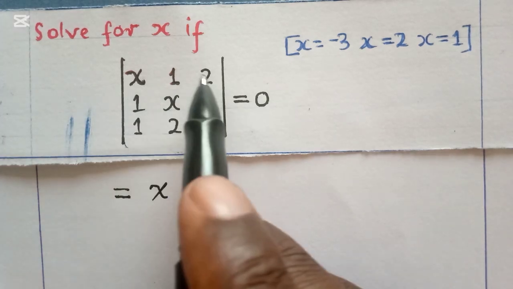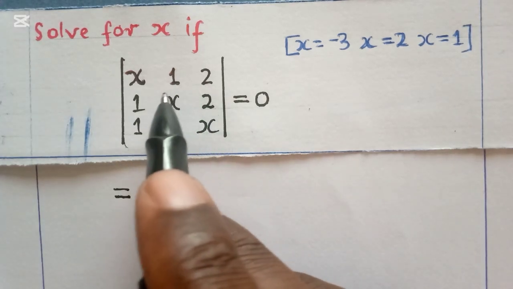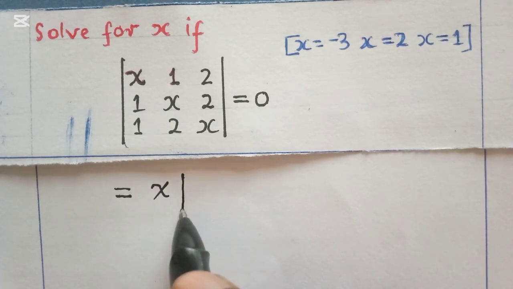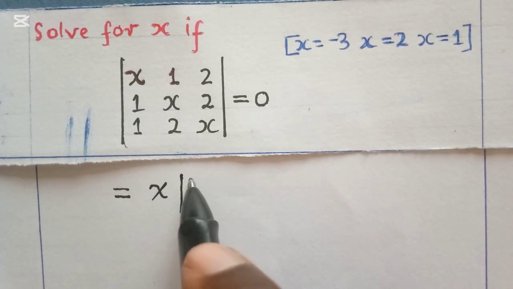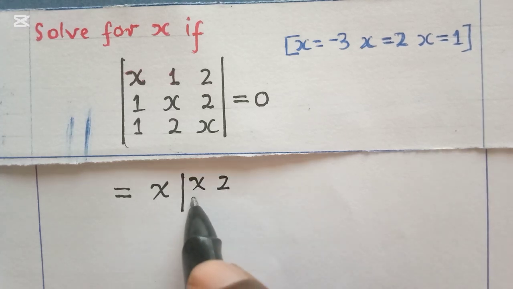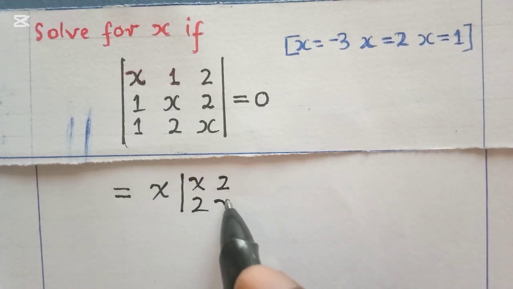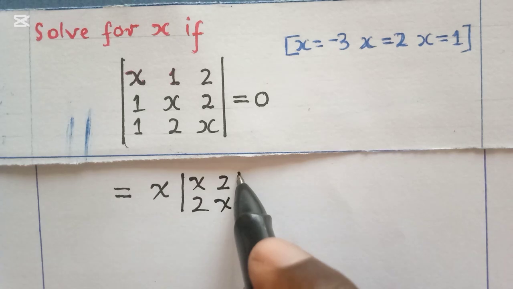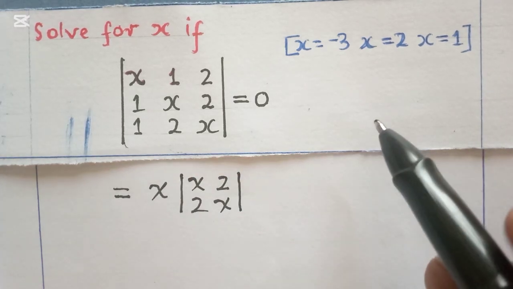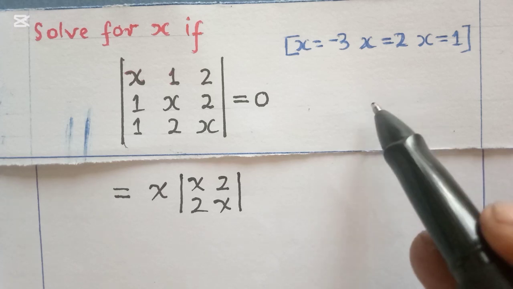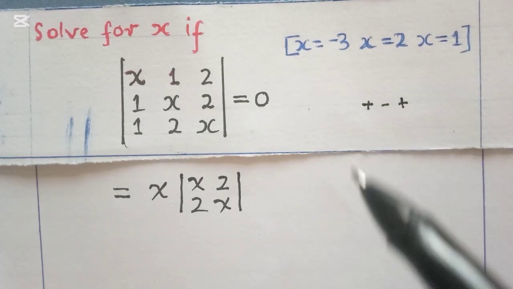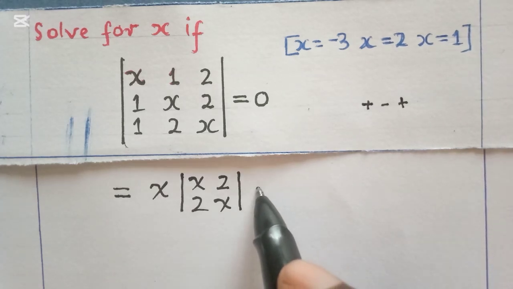Having covered that row and that column, whatever is remaining is what we write, and it now becomes a 2 by 2 matrix. So here we have x, here we have 2, and then we have another 2 here, and we have x there. Remembering our pattern of plus minus plus, we are now going to put a negative here.